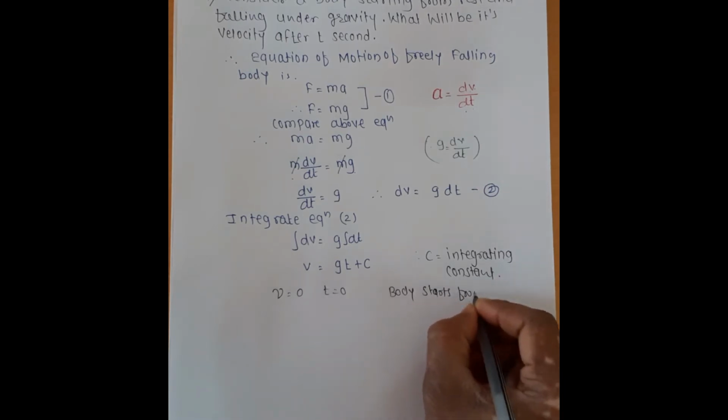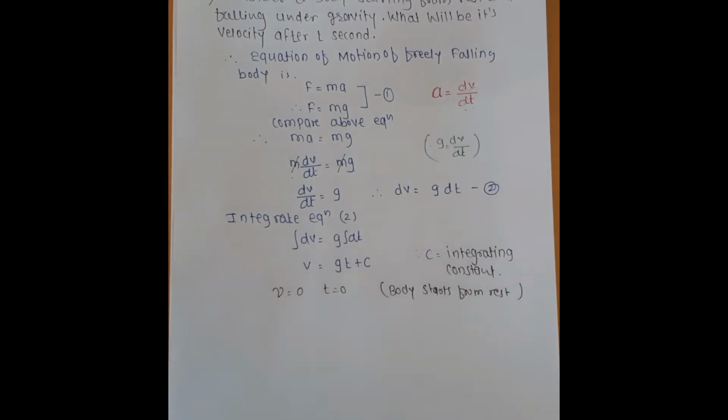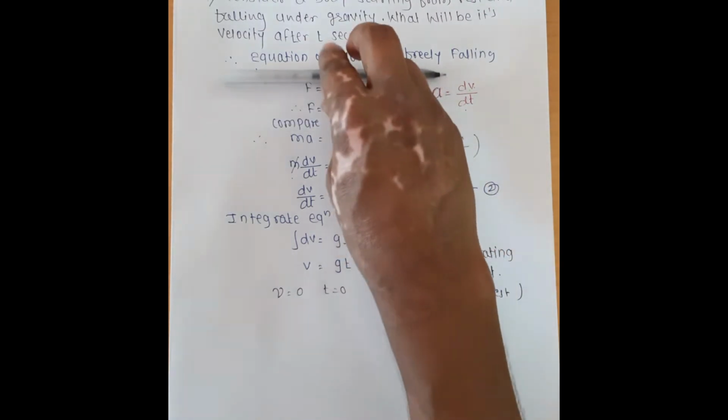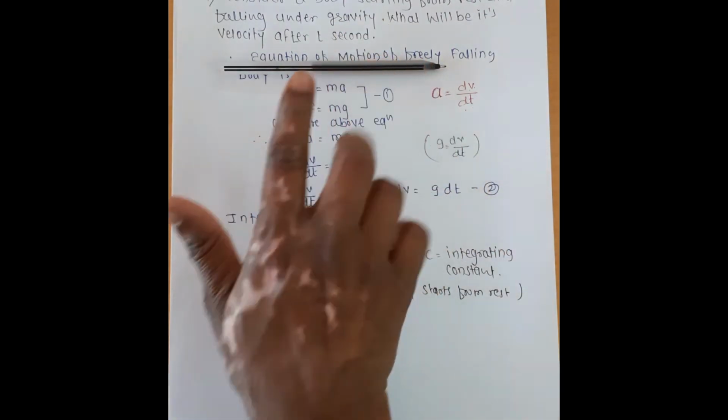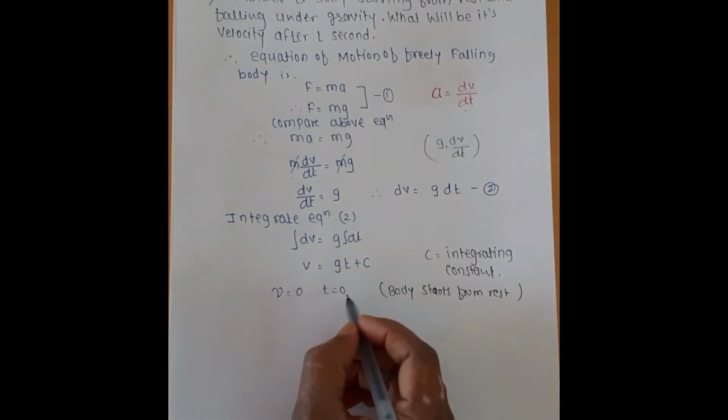Initially the body is at rest, so v equals 0 and t equals 0. It means the body is in a steady condition. At that time the velocity of the body and the time are both zero. So that's why here we write v equals 0 and t equals 0.